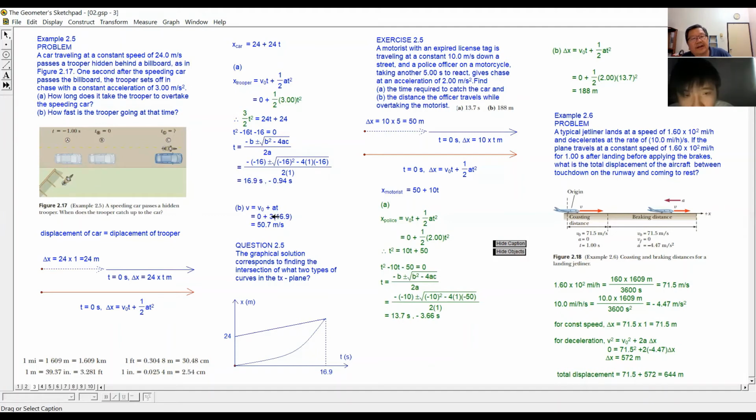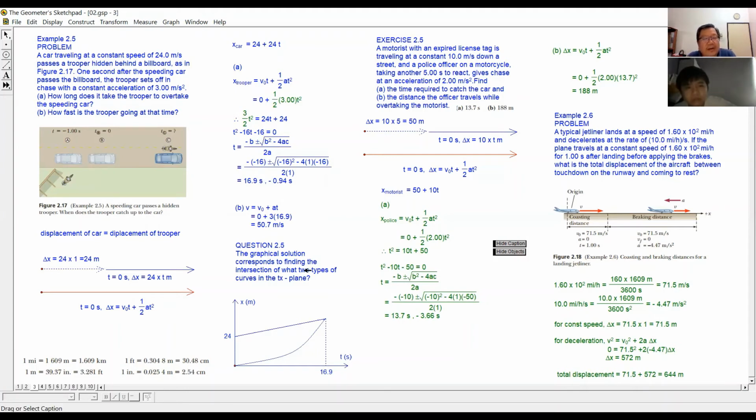And the final velocity we can calculate. Acceleration is 3. The time taken we use from here, 16.9. And when you multiply together, answer is 50.7 meter per second. That is his velocity.